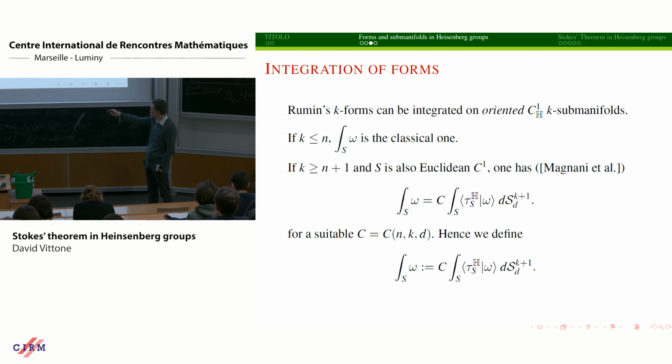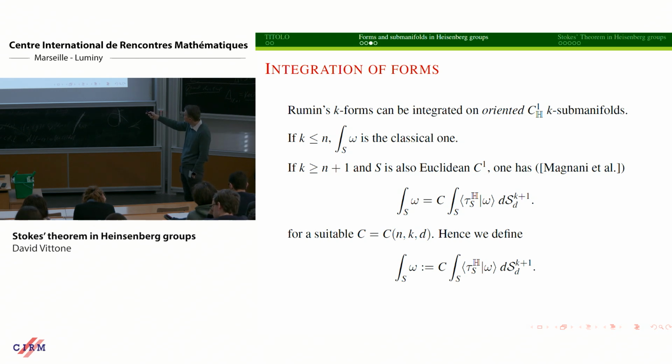Up to a constant, this object makes sense. The constant depends only on n, k and your distance d that was fixed at the beginning, the CC distance or essentially any distance you need. Here is where you need your distance to be rotationally invariant in order to have this constant. In any case, now this object makes sense also for C1H submanifolds, because this Hausdorff measure perfectly makes sense.